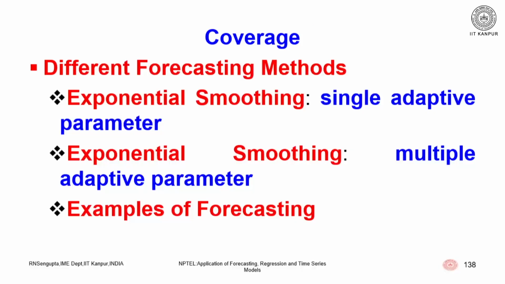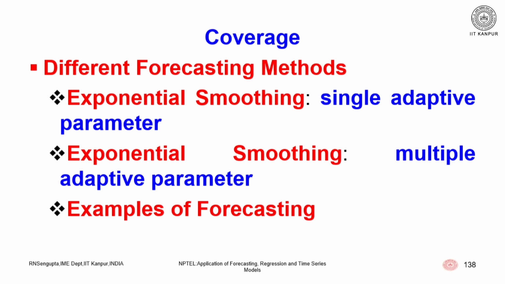The coverage for this lecture is exponential smoothing single adaptive parameter, which we are discussing, the exponential smoothing concept of multiple adaptive parameter, and examples of forecasting. If you can recollect, in the 12th lecture we were discussing the concept of exponential smoothing, and the idea was on two fronts.